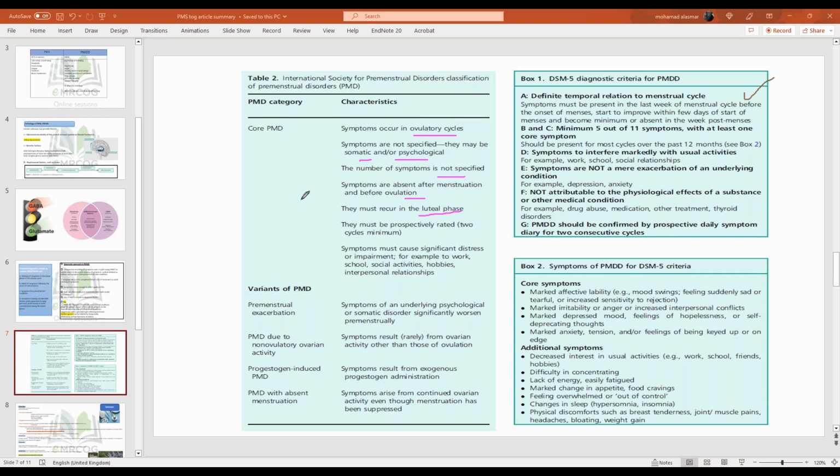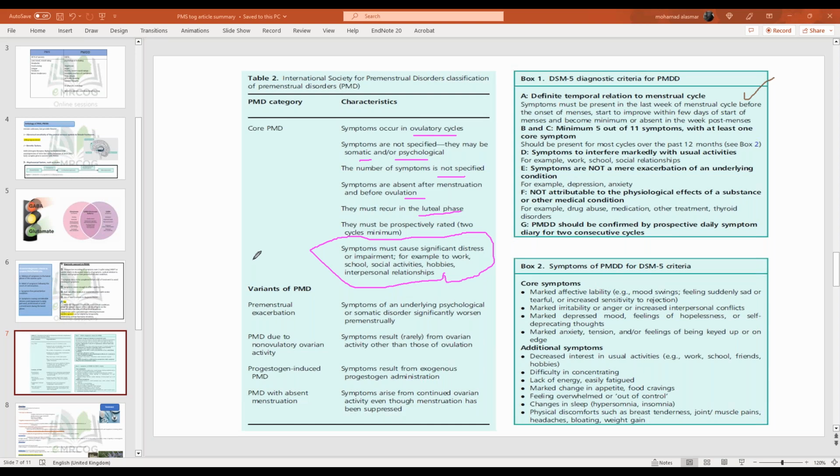And the symptoms must cause significant distress or impairment, for example, to work, school, social activity, hobbies, or interpersonal relationships. So she will come to you, for example, in the role player exam, and she will say, I almost lost my work, my relationship. At the time, I ruin my relationship with everybody.